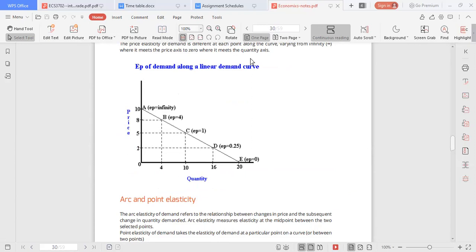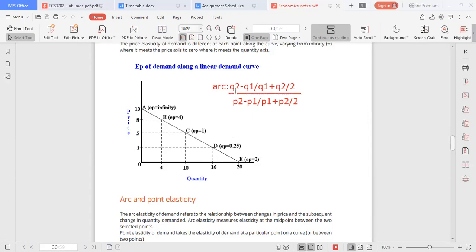The formula for arc elasticity is equal to Q2 minus Q1 divided by Q1 plus Q2 divided by 2, all divided by P2 minus P1 divided by P1 plus P2 divided by 2.